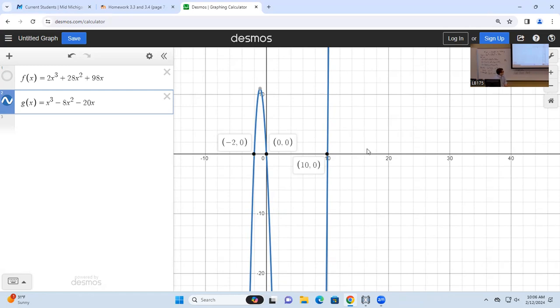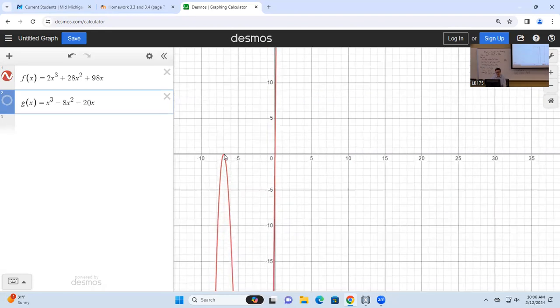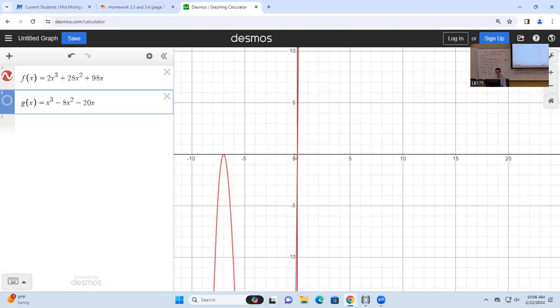So at the points (0, 0), (-2, 0), and then (10, 0), it's like that. The other, the one we just did, which had x-intercepts at (0, 0) and then (-7, 0), looks like that.